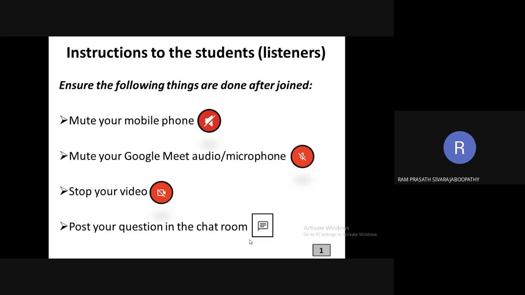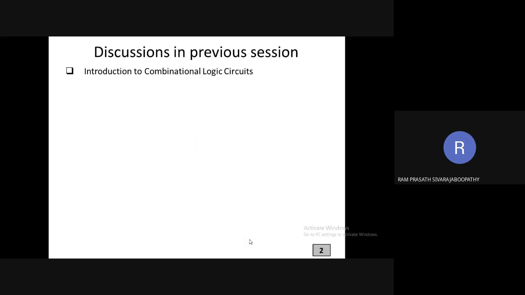Before getting into today's topic, we will recap the previous session content. In the previous session, we introduced what a combinational logic circuit is.